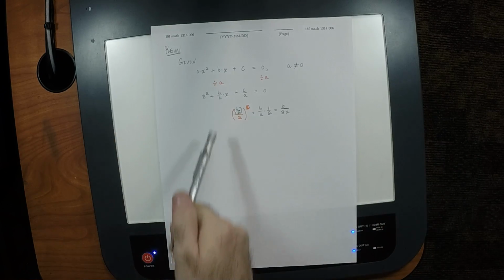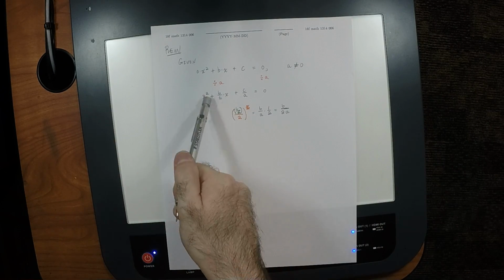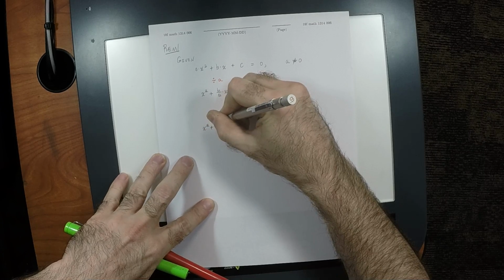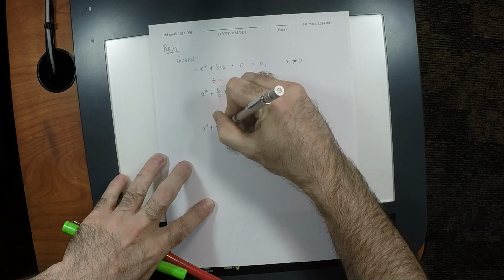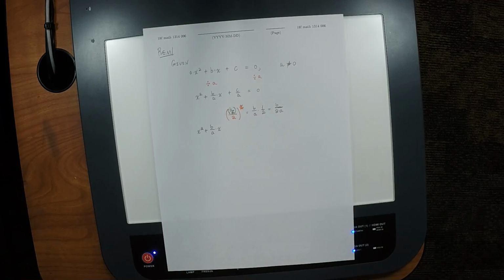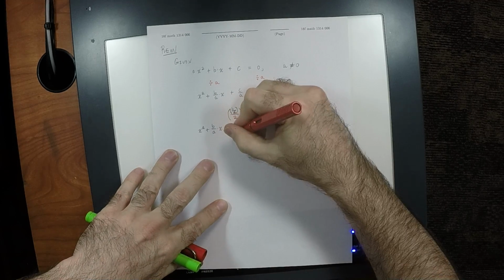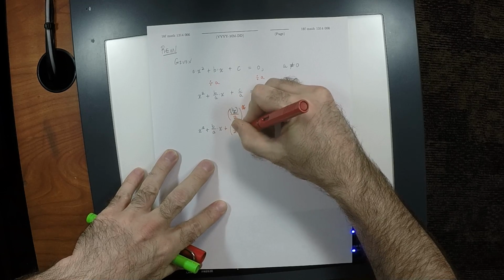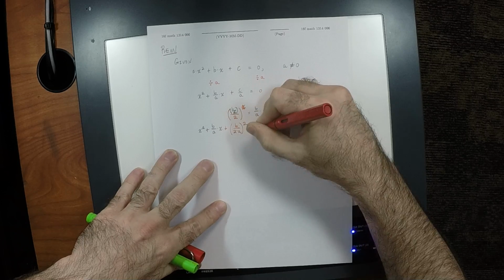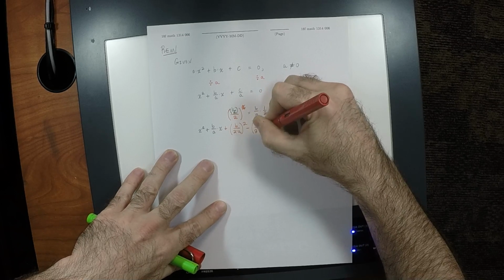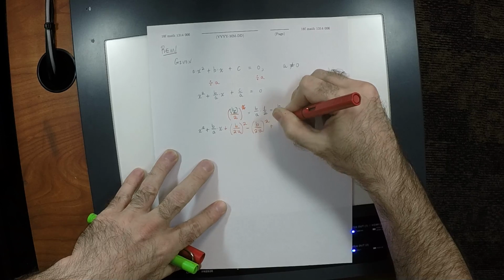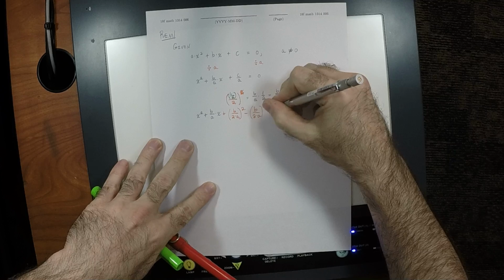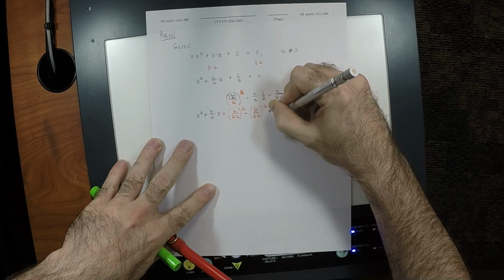So what I'm saying is that, considering that, the next step would be to write that this is x squared plus b over a multiplied by x, and then we'll add b over 2a squared and subtract b over 2a squared, and then add c over a, equal to 0.